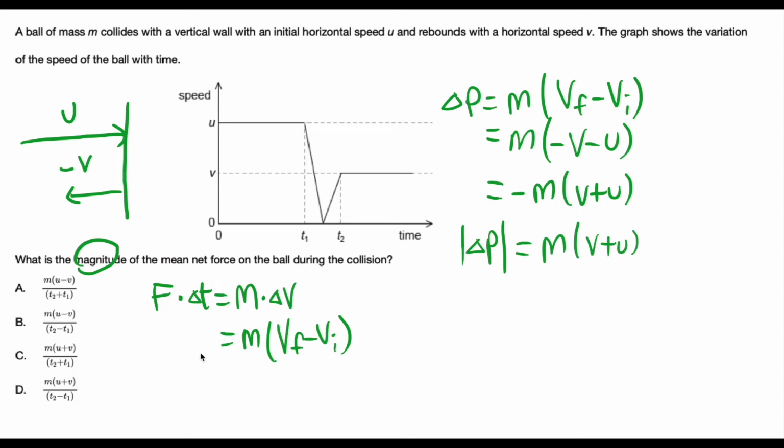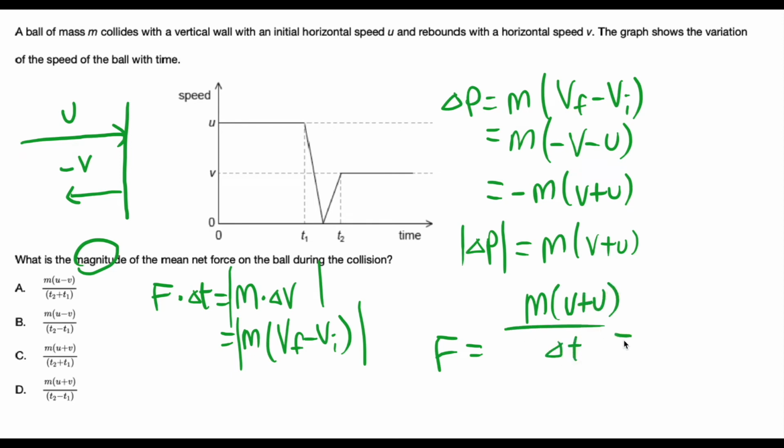And now we can calculate F. So F is going to be equal to the magnitude of change in momentum divided by delta t. And delta t is equal to t2 minus t1. So the answer will be D, sorry.